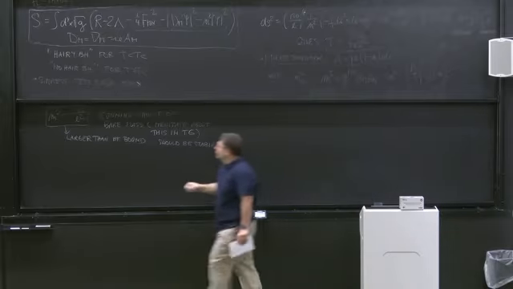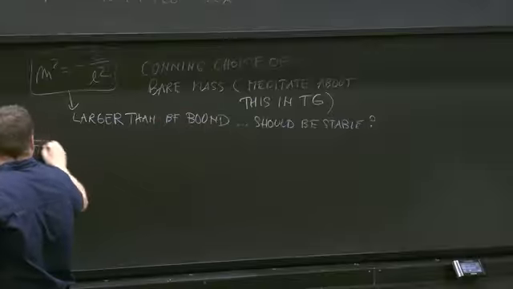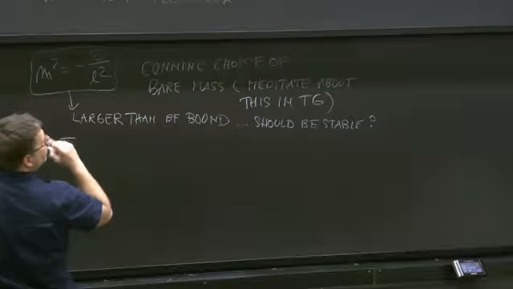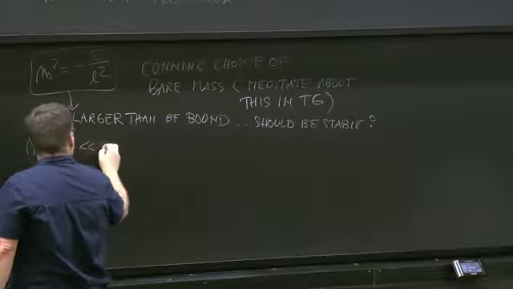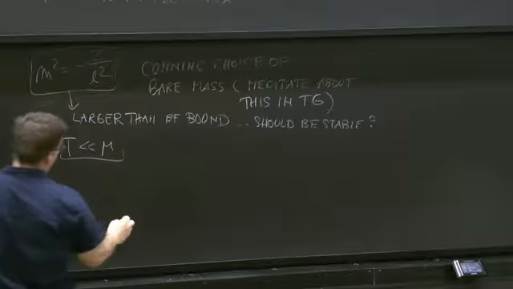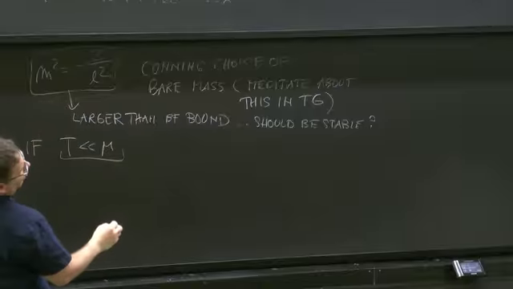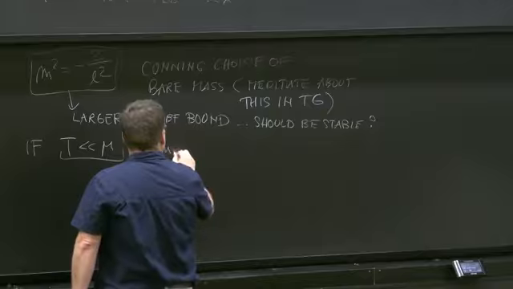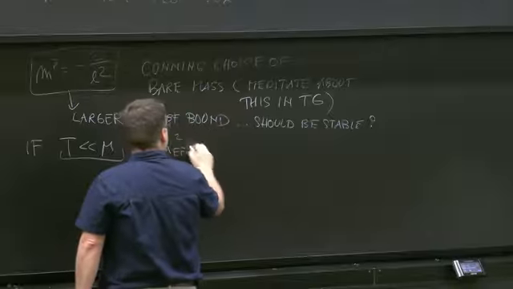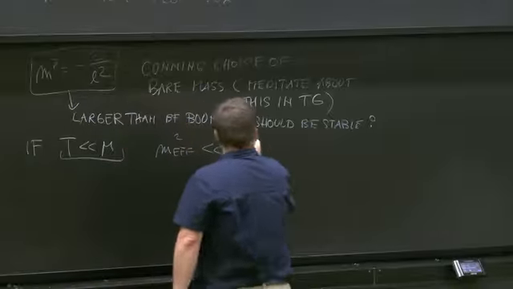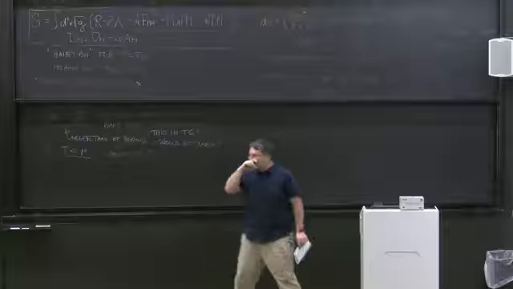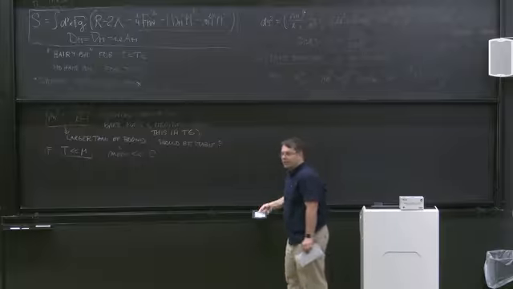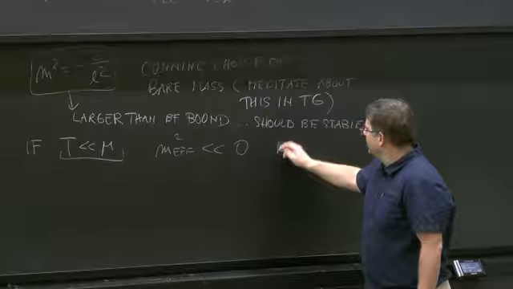So if T is much smaller than mu, then m effective squared is much smaller than 0. And then something bad will happen, and instability will happen.